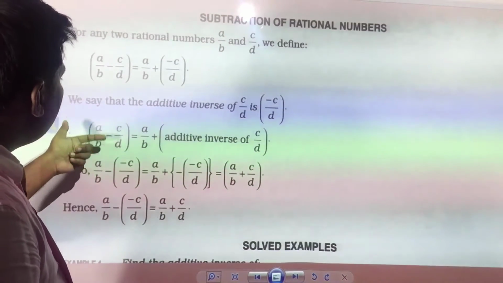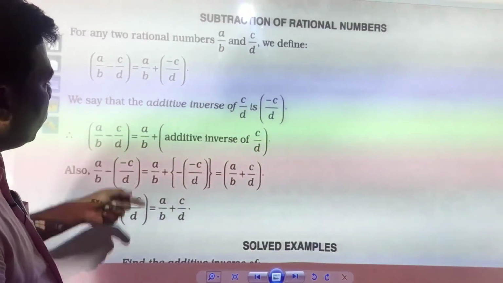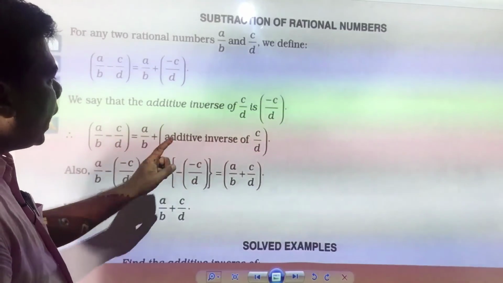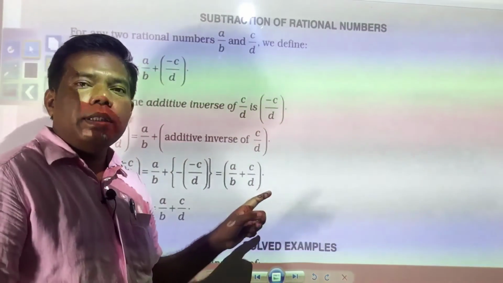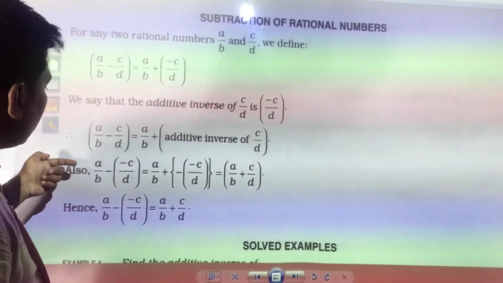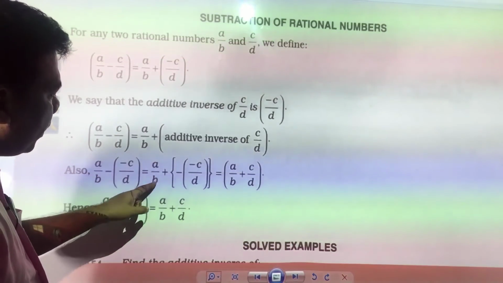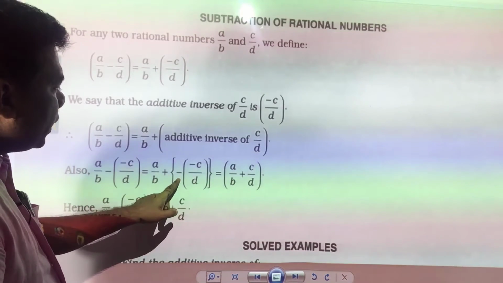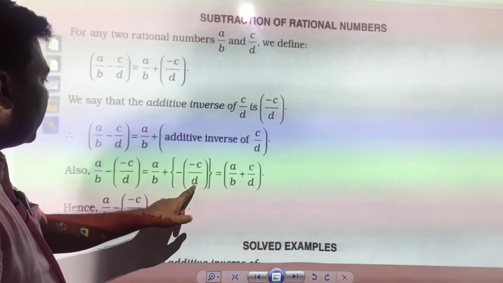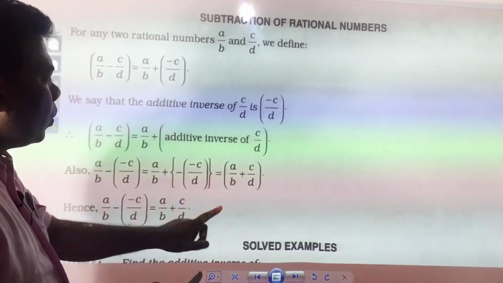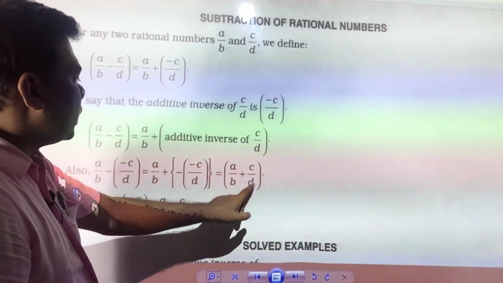And a by b minus c by d is equal to a by b plus the additive inverse of c by d. Also a by b minus c by d will be equal to a by b plus minus c by d, which is a by b plus (minus c) by d.